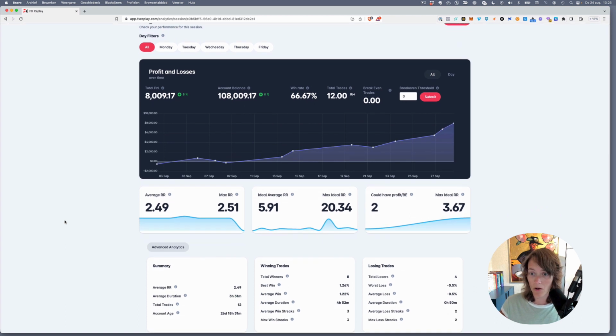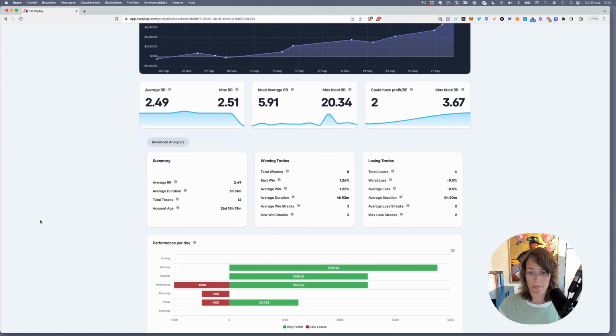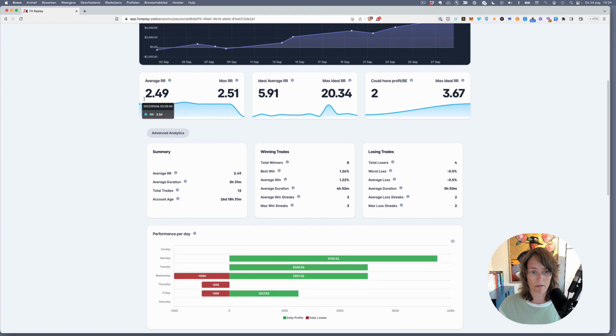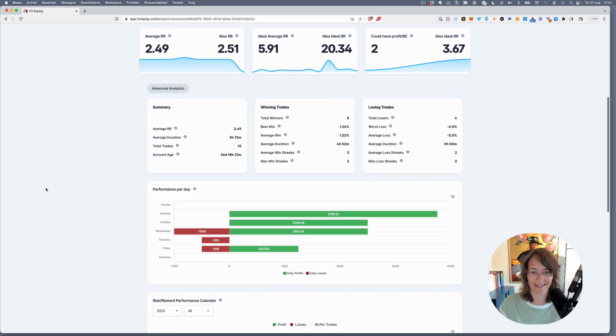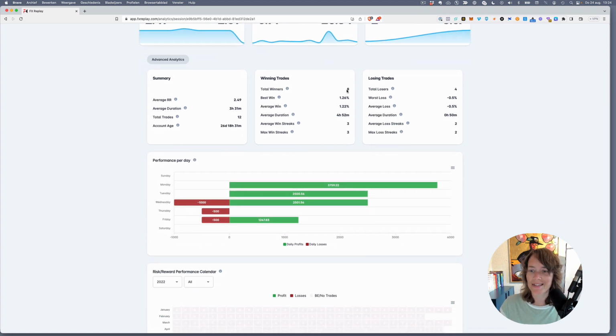We took a total of 12 trades over 20 trading days in a whole month, right? So the average RR is always the same. It's like 2.5. Let me see. We had 8 winners.